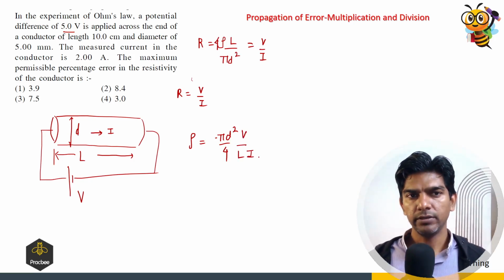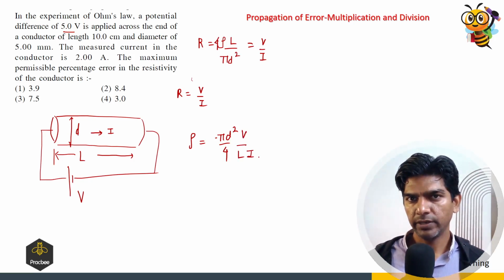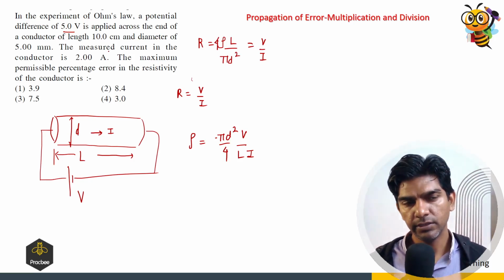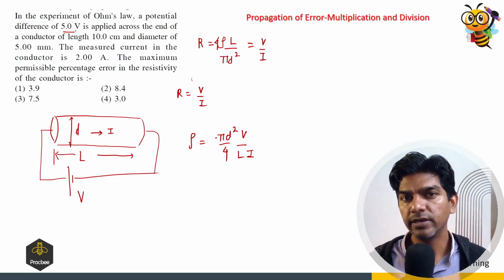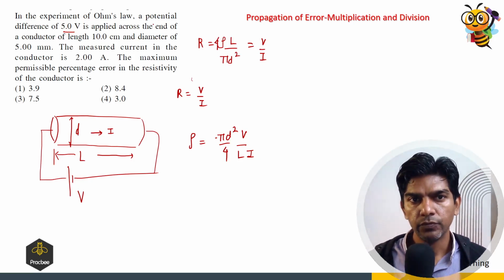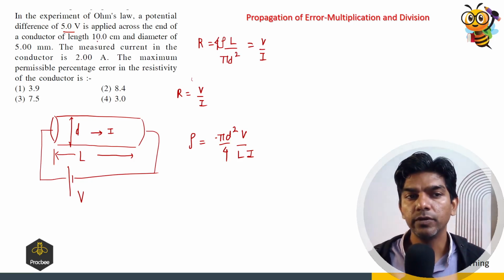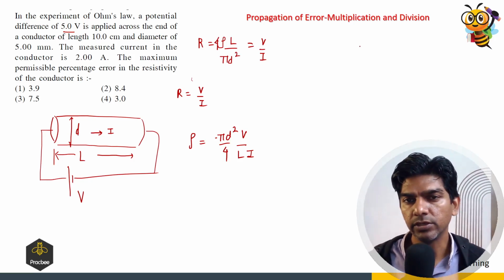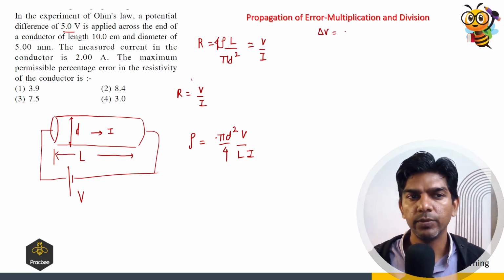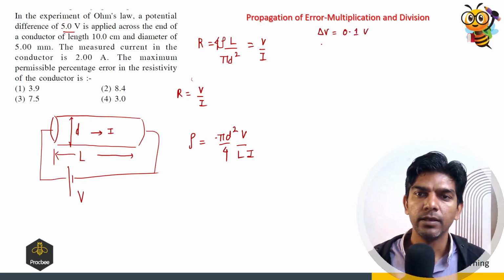Okay, and if you look at the question, they have not clearly mentioned what is the accuracy. So in this type of question, you have to check up to what decimal place we have measured that value. For example, potential difference is 5.0 volts, so it is measured up to 1 decimal place, so the accuracy is 0.1 volt. So delta V will be 0.1 volt.